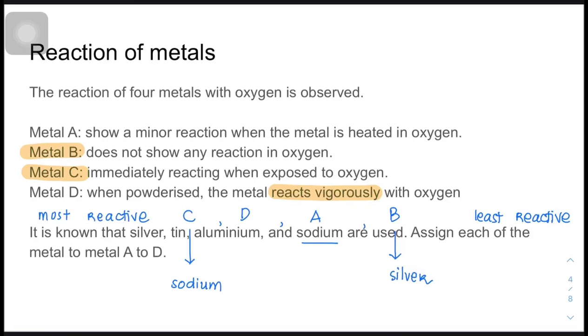Now between tin and aluminum, we know that aluminum is more reactive than tin. So D is aluminum and A is tin. And there you have it. You assign all the metals to each letter.